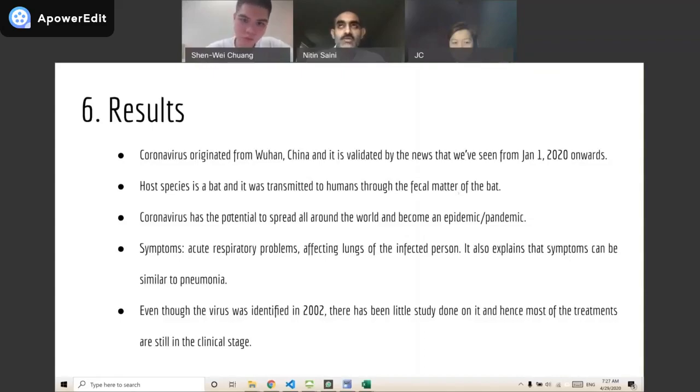First of that was to identify if we can figure out the origin of this virus, from where it originated and how it all started, and also about the host species, which species was the one that started all this virus initially. Then we also wanted to understand what are the potential symptoms of this virus, what body parts it affects, how severe it is, and how long it takes to figure out we have that virus.